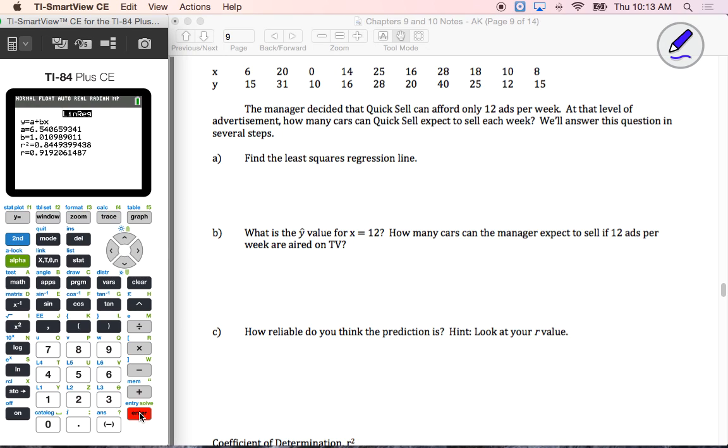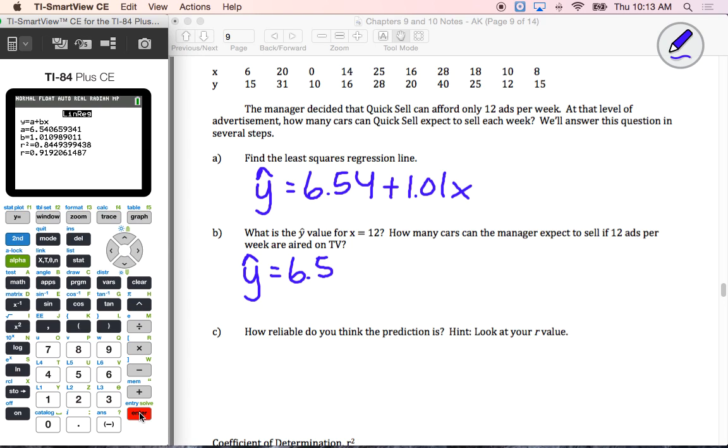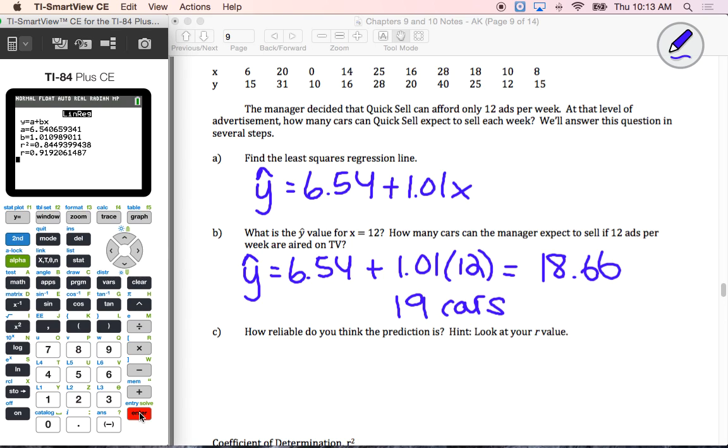So you should have y hat. So when x is 12, you're putting 12 in. We get 18.66, so 19 cars. They want to know how reliable is it looking at your R value.